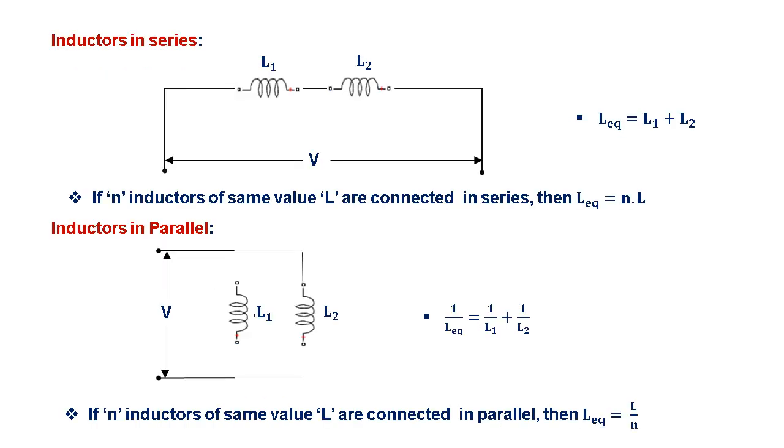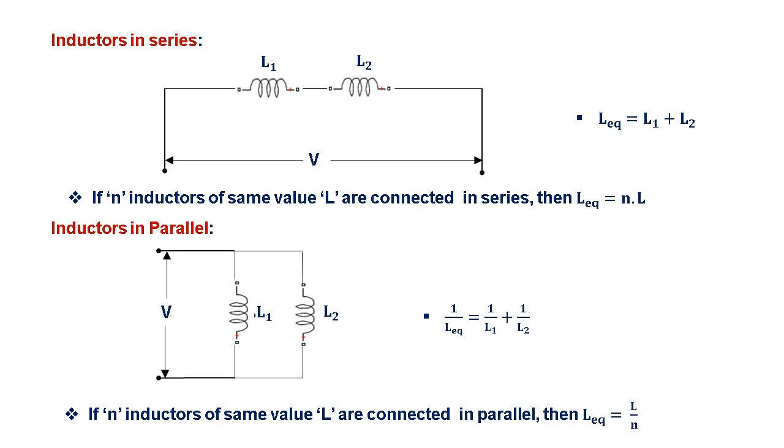Next, inductors in series. If inductors are connected in series, their equivalent inductance is equal to sum of the two inductances. That is, L equivalent is equal to L1 plus L2. Suppose if n inductors of same value L are connected in series, then their equivalent inductance is equal to N into L. Similarly, if inductors are connected in parallel, then their equivalent inductance will be reciprocal of the inductors.